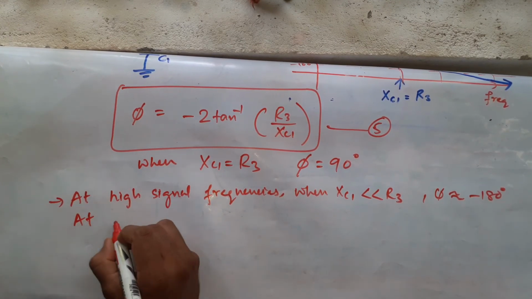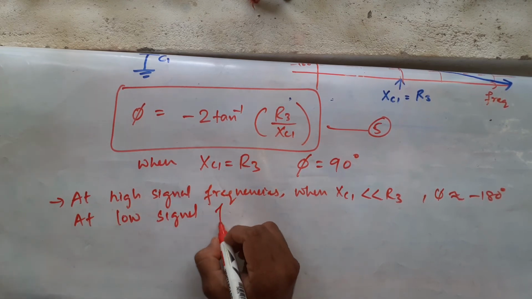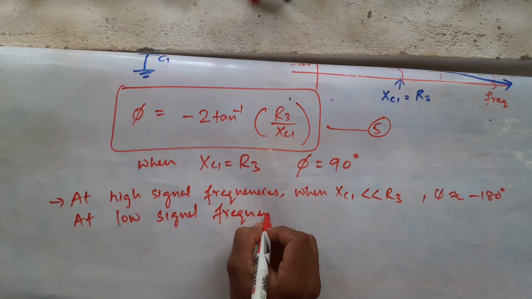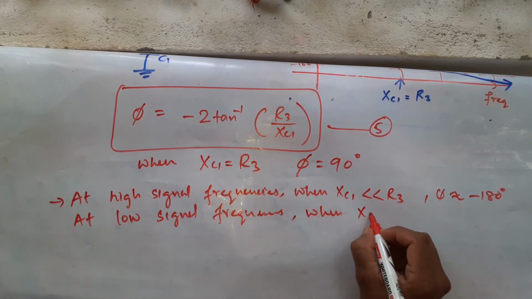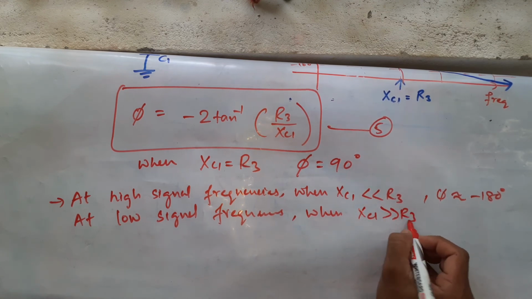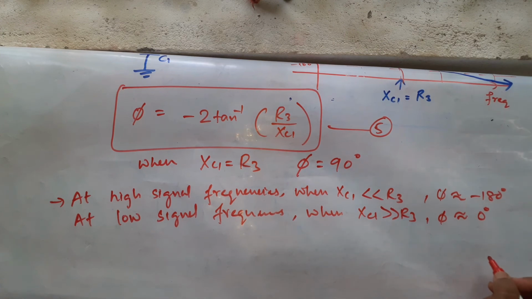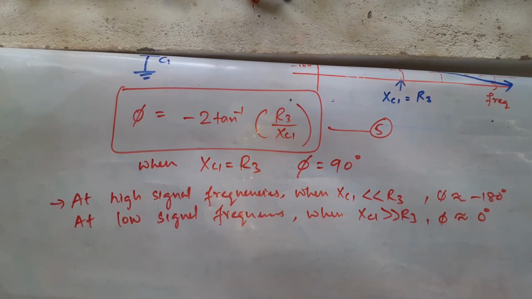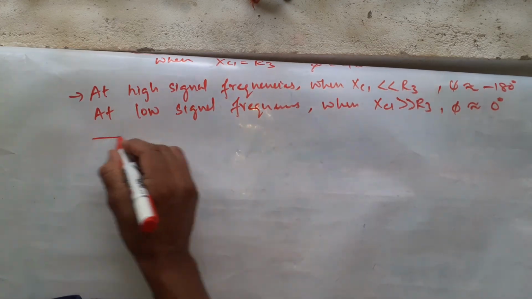And at very low signal frequencies, this is when XC1 is very much greater than R3, your angle will be 0 degrees. Phase shift will be 0 degrees. Okay. Now design, this part is important.